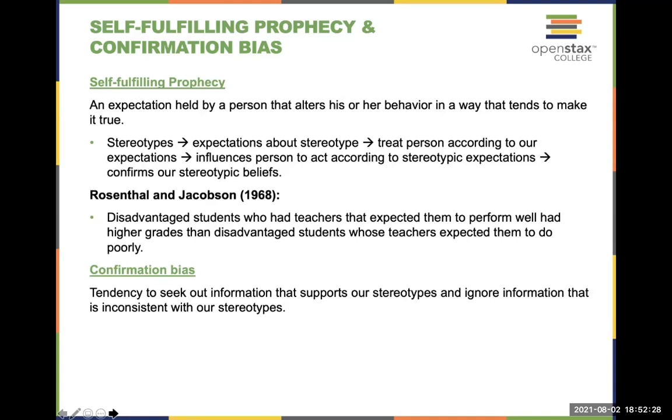Then that influences that person to act according to stereotypic expectations, which then confirms your stereotypical belief, right? So, trying to think of a good example. I want to make sure I have a good example here.